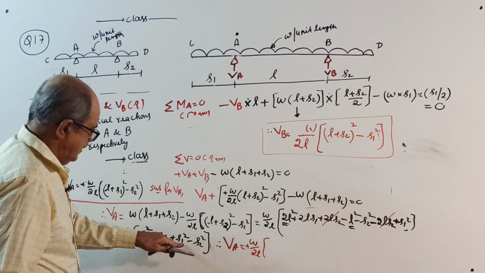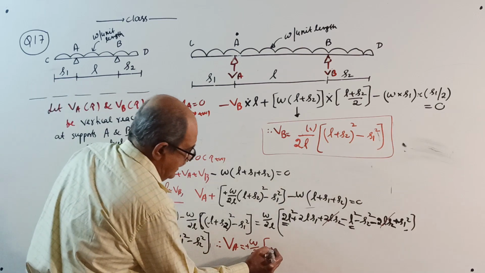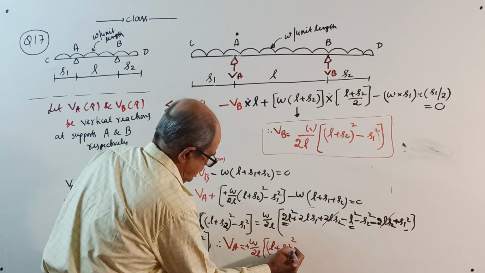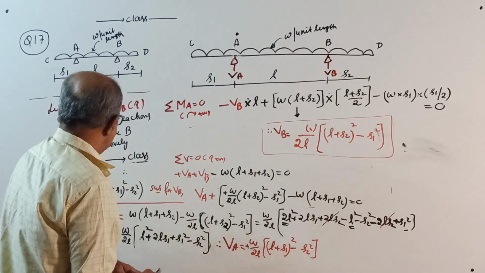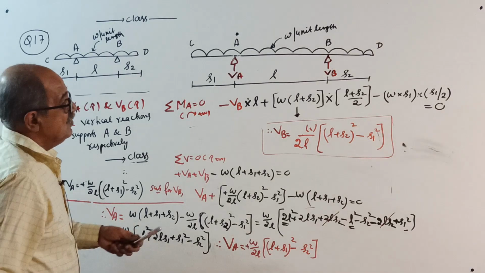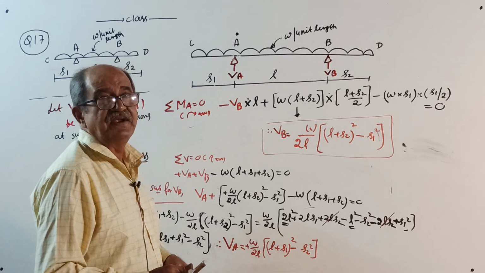A square plus B square plus 2AB is L plus S1 whole square, minus S2 square. That I told, the answer has to come. Therefore your VA came. Now we got the 2 reactions.